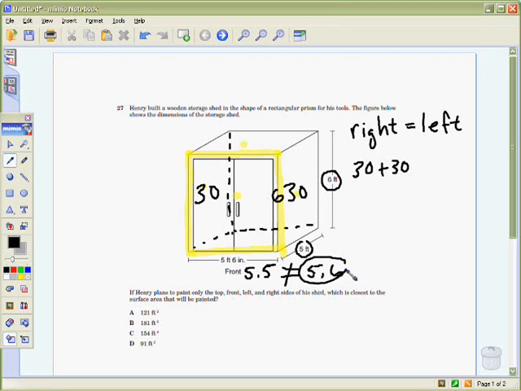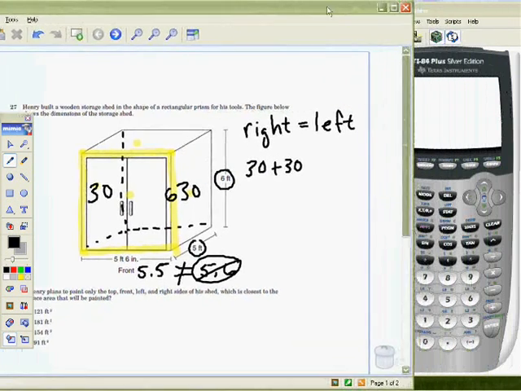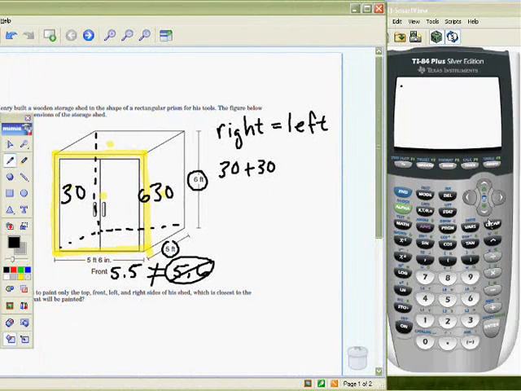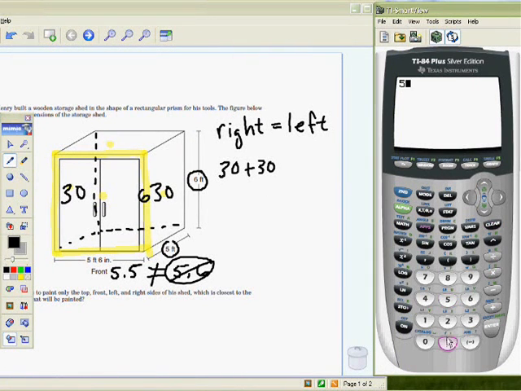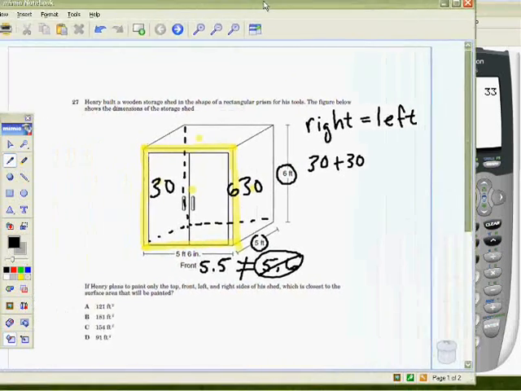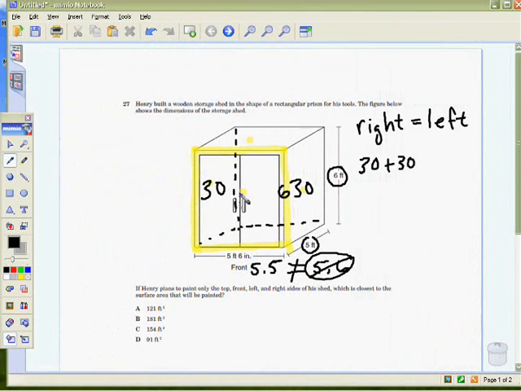So the area of this rectangle is going to be 5.5 times 6, and that's 33. So the area of the front face is 33, and that adds another 33 to our problem.